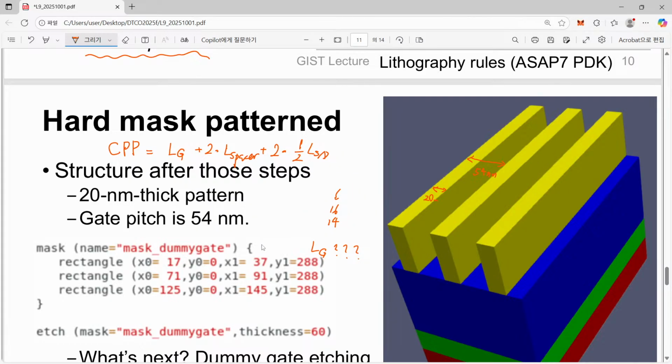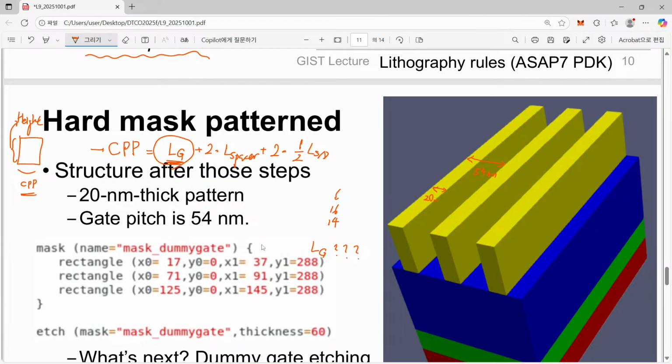But anyway, it is certain that CPP contains many different components, and a change in our gate length directly reduces the CPP. And the area of our logic cell is given by just CPP times the cell height. So if we can reduce this CPP directly, then it represents a real reduction of our standard cell. Therefore, reducing this gate length is quite important.